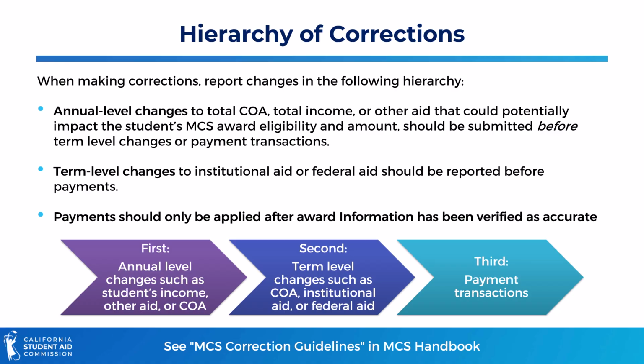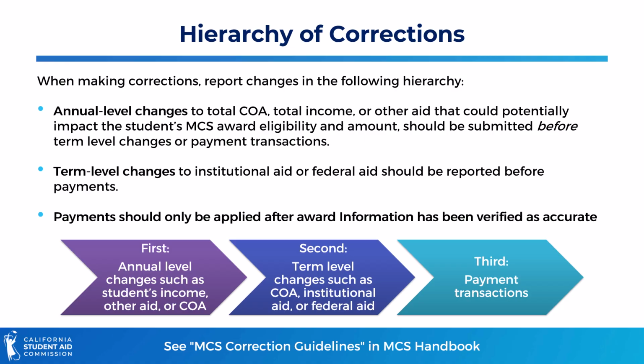First, annual level changes. These could be made to total cost of attendance, total income, or other aid that could potentially impact the student's MCS award eligibility and award amount. These changes should be submitted before any term level changes or payment transactions.